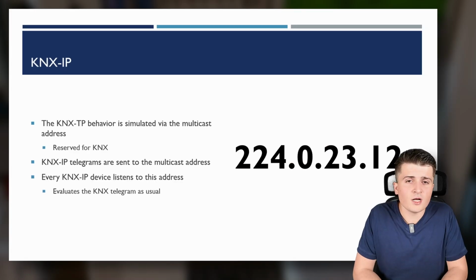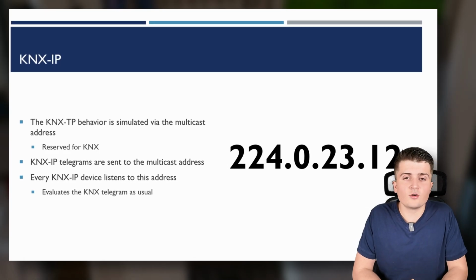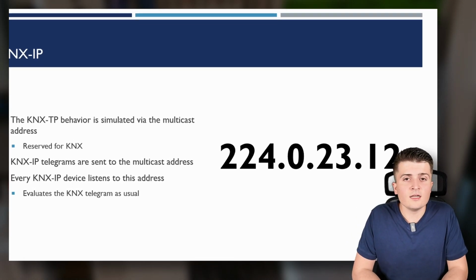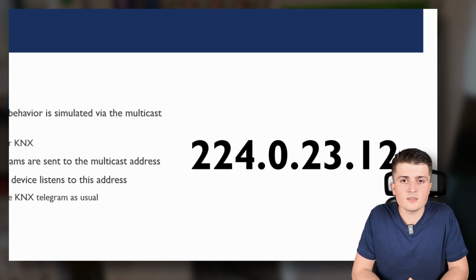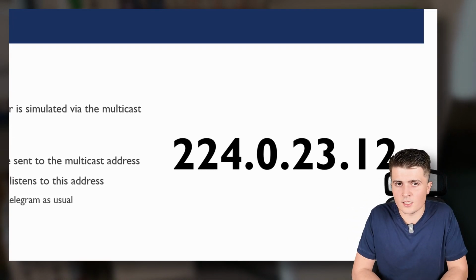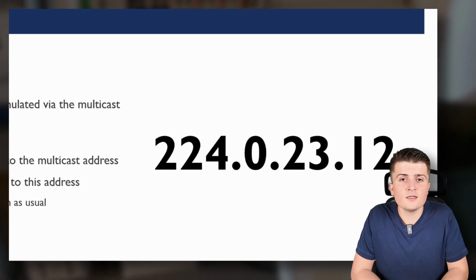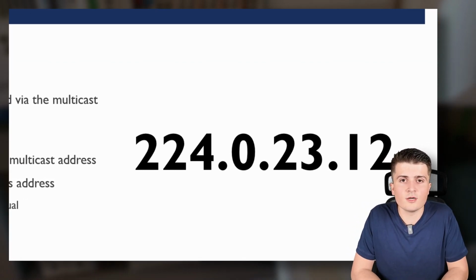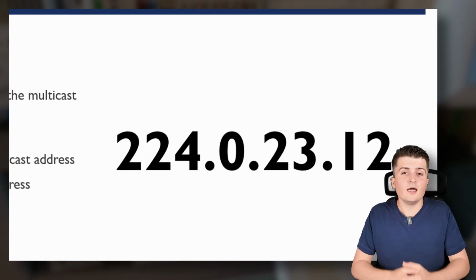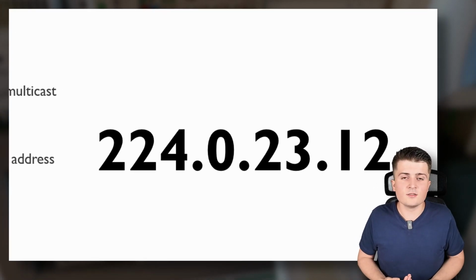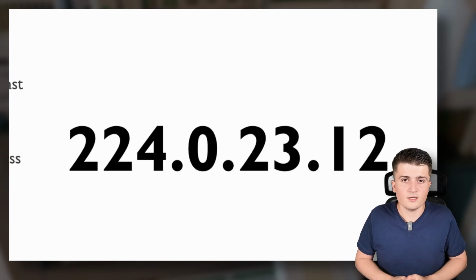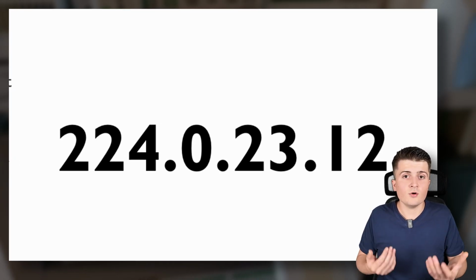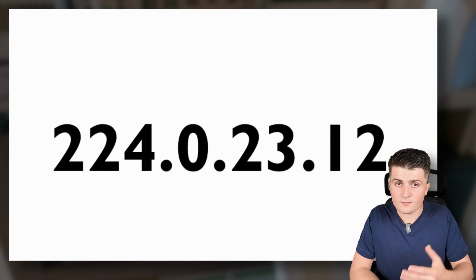What is this? Well, you maybe have seen it already in the ETS. In KNX, we have a specific multicast address. This is an IP address that is reserved for the KNX communication. In specific, this is the 224.0.23.12. And this IP address is used for all the KNX telegrams. So on the IP side, we have a multicast communication.